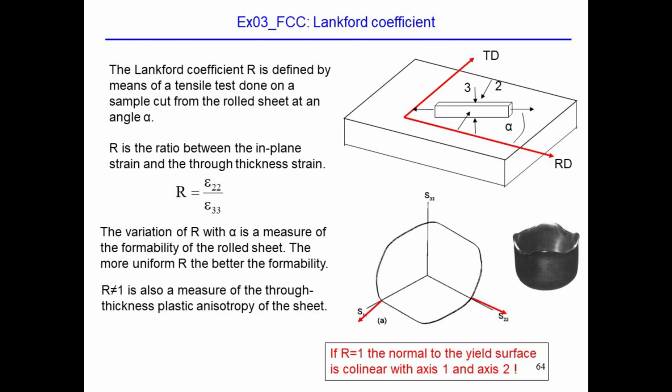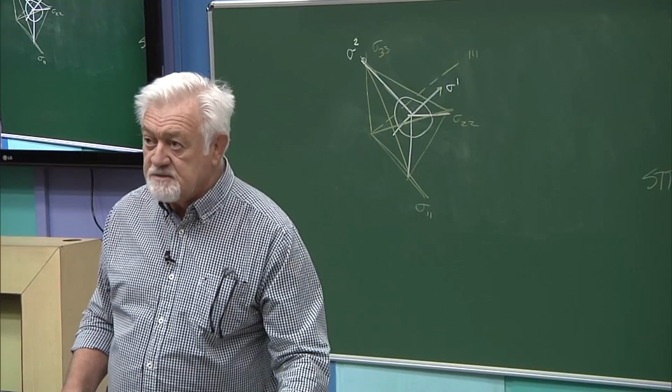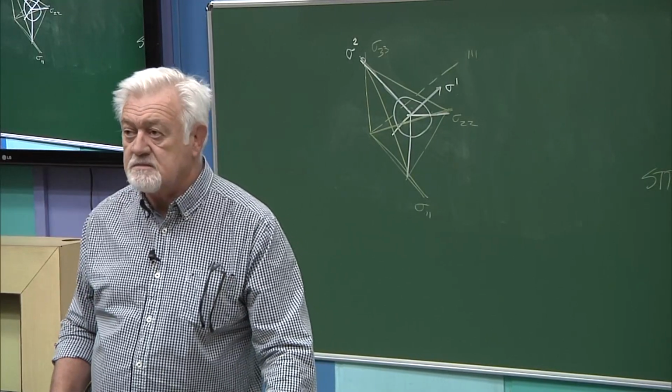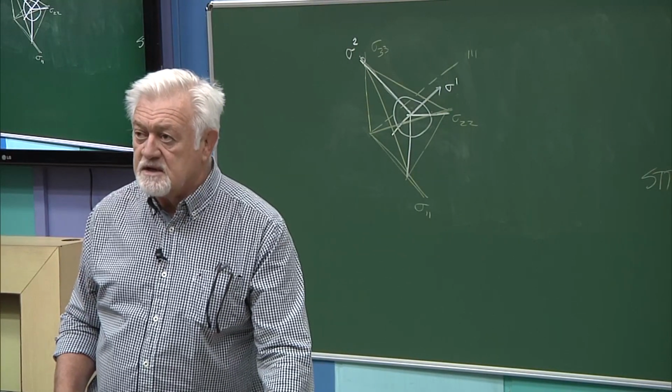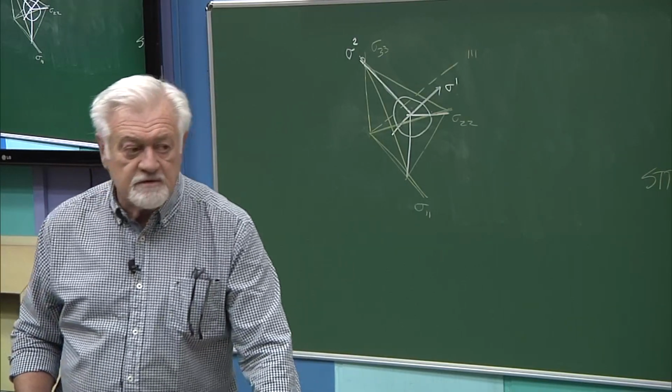What comes next will be the explanation of the Lankford coefficient and the calculation of yield surfaces. Those who proposed this basis were some German guys, by the name of Rederich.